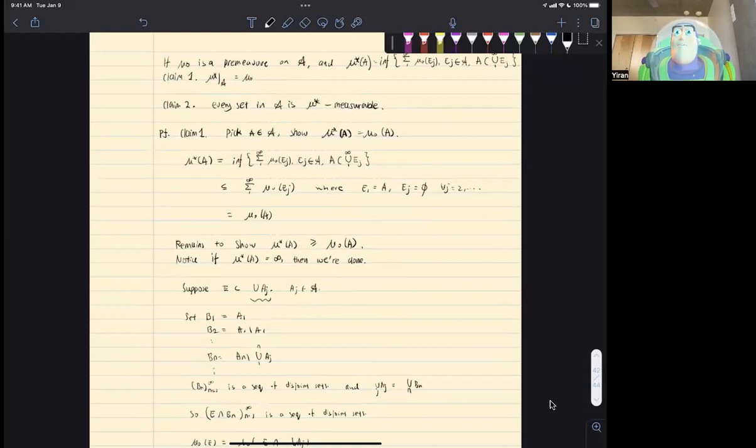Therefore, the infinite summation from 1 to infinity of mu naught of E_j, where E_1 is equal to A and E_j is the empty set for all j larger than or equal to 2, is equal to mu naught of A.